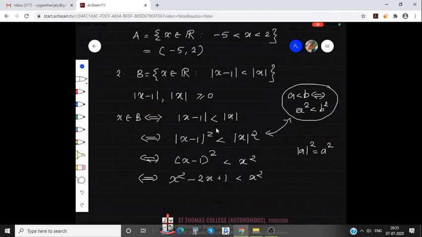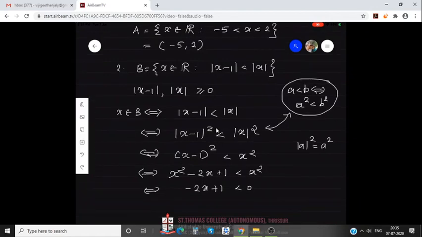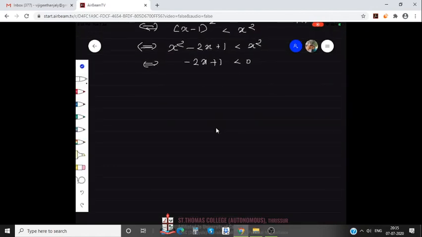So you can cancel x square from both sides. So we will get minus 2x plus 1 is less than 0, or equivalently, minus 2x is less than minus 1. So you multiply both sides by minus 1 by 2. So that the inequality will reverse because you are multiplying with a negative number.